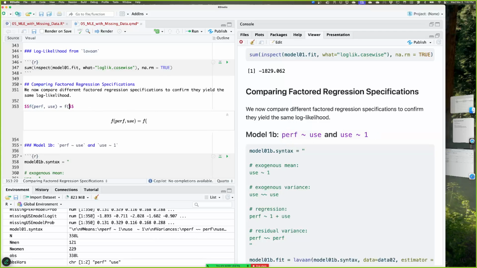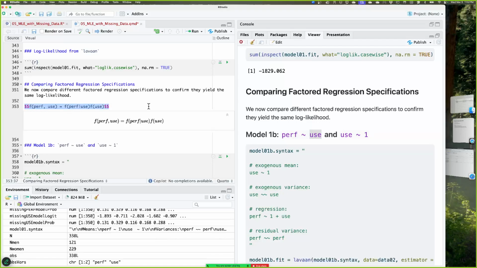So just like in R, this would imply that we're doing a linear regression predicting performance from usefulness. And then we need to multiply that by a function of the marginal distribution of usefulness itself.